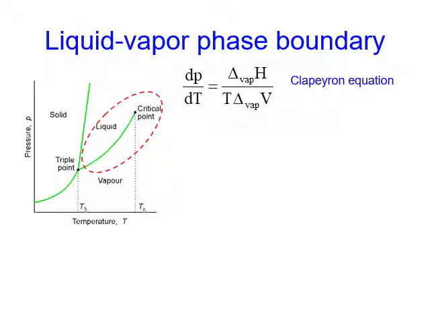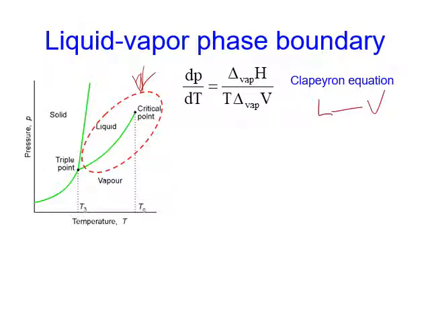The Clapeyron equation we derived from the last few slides applies to all phase boundaries. So in these slides, we are going to focus on the phase boundary between liquid and the vapor phase. So this involves phase transition between liquid and the vapor phase.